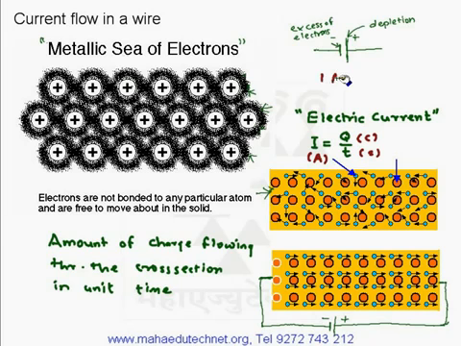So 1 ampere is equal to 1 coulomb upon 1 second. 1 ampere current can be defined as: if 1 coulomb of charge is passing through any cross section of a conductor in 1 second, then the amount of current is said to be 1 ampere.